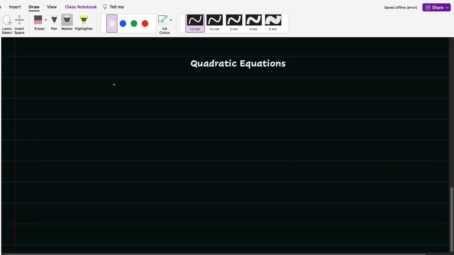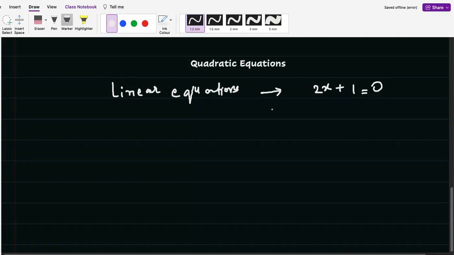Do you remember linear equations? Linear equations were in the form 2x plus 1 equals 0, whereas quadratic equations will be in the form ax square plus bx plus c equals 0.